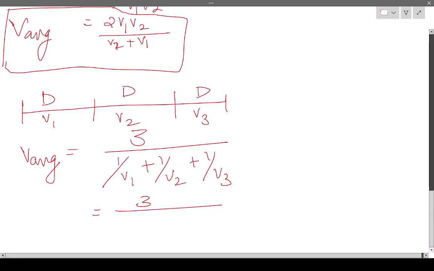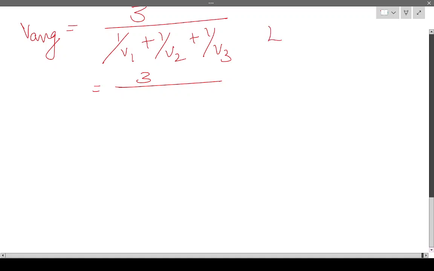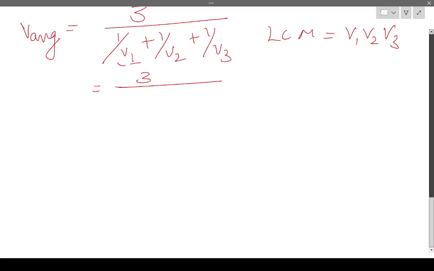So 3 by, okay, the LCM of this is going to be V1 V2 V3. Now V1 V2 V3, you take this term V1 and divide here, you will get V2 V3, so you write it here, multiplied with 1, V2 V3. Plus the LCM V1 V2 V3 divided by V2, how much is that?